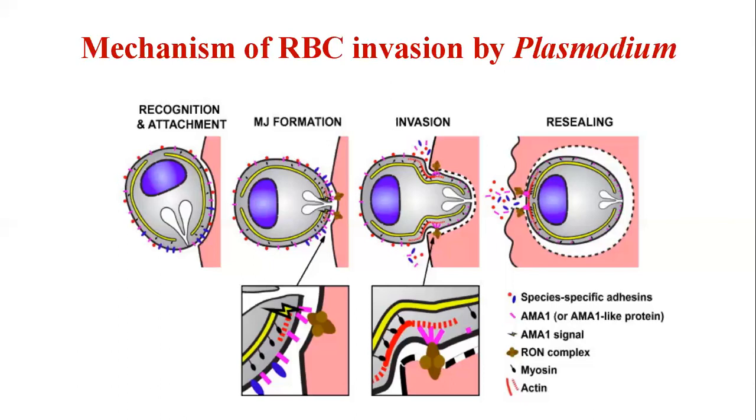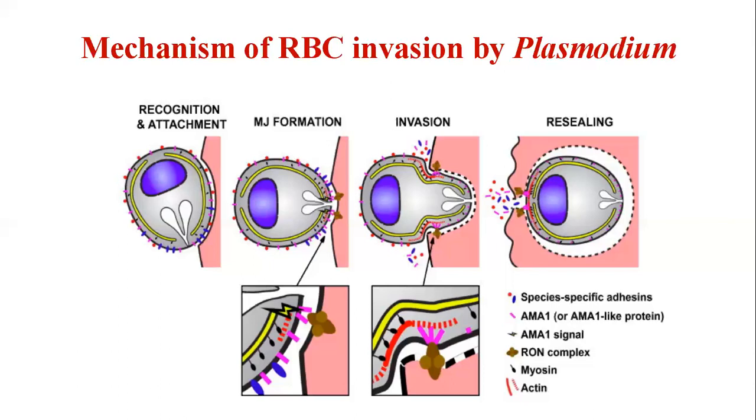So the merozoite comes inside, forming a vesicle-like structure. And the AMA1 cytoplasmic domain could play a direct role in connecting to the invasion motor, or act as a signaling component to coordinate this process.